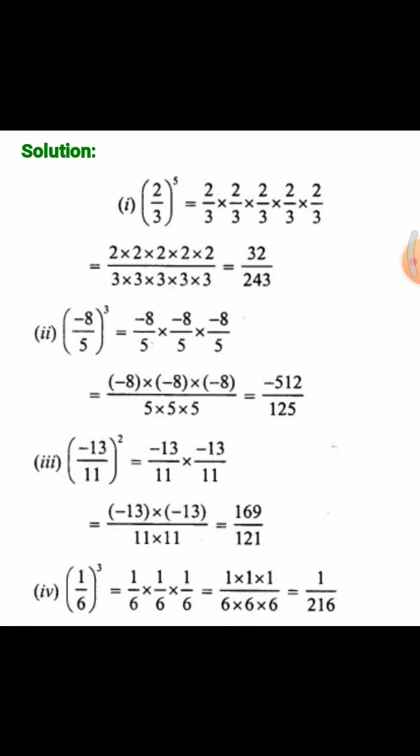So your answer will be 32 by 243. Okay. Next is minus 8 by 5 power 3. So you write here minus 8 three times and 5 three times. After that you multiply it. So my answer will be minus 512 by 125. Next, you understand by yourself and solve. Okay.